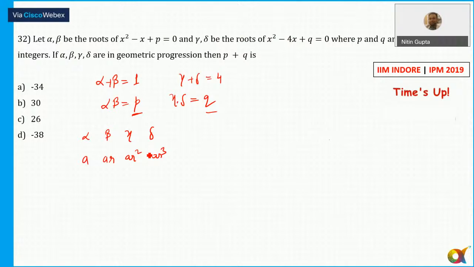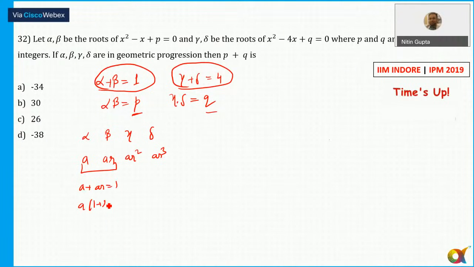Now we know the sums of these roots: alpha plus beta is 1 and gamma plus delta is 4. So I can substitute this. A plus AR is 1, so A into (1 plus R) is equal to 1. Plus gamma plus delta, which means AR square plus AR cube, where AR square is common.